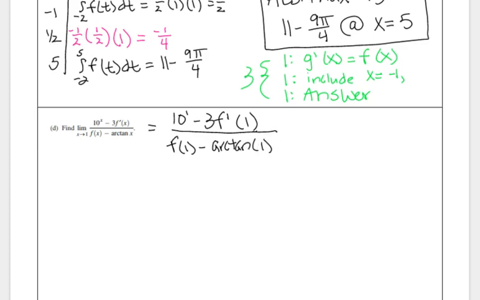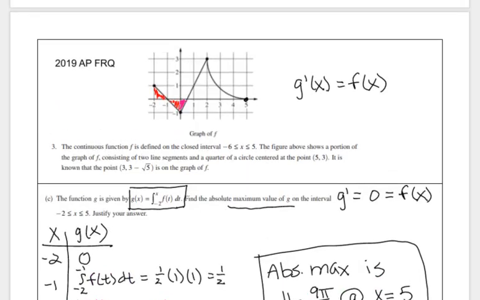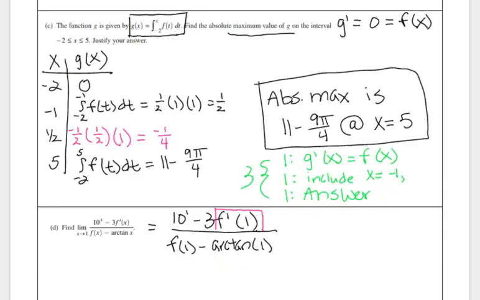So there's a lot of things we kind of have to piece together on here. So first of all, let's go ahead and do f prime of 1. So that means we want the slope of f at 1. So at x equals 1, we're right here. So we just want the slope of that line, which is positive 2.